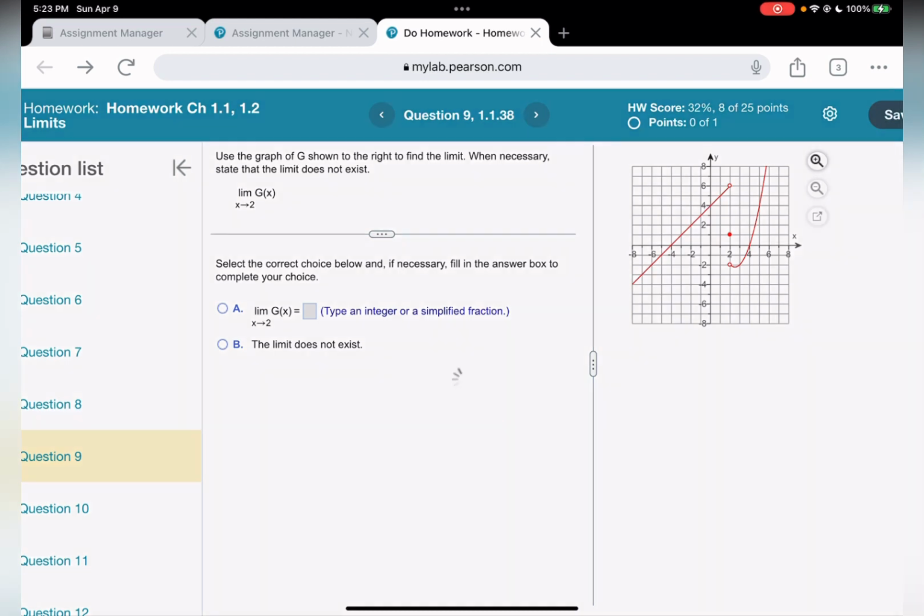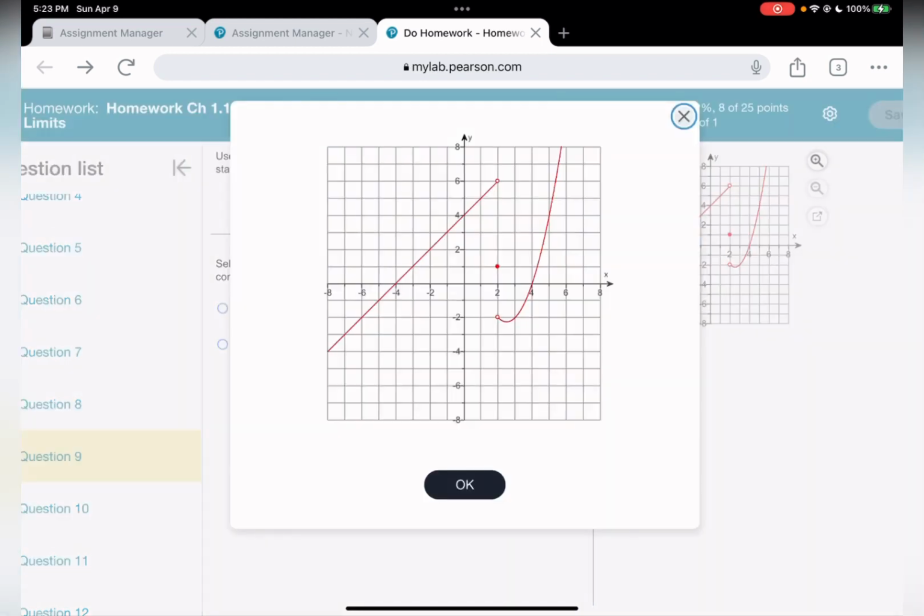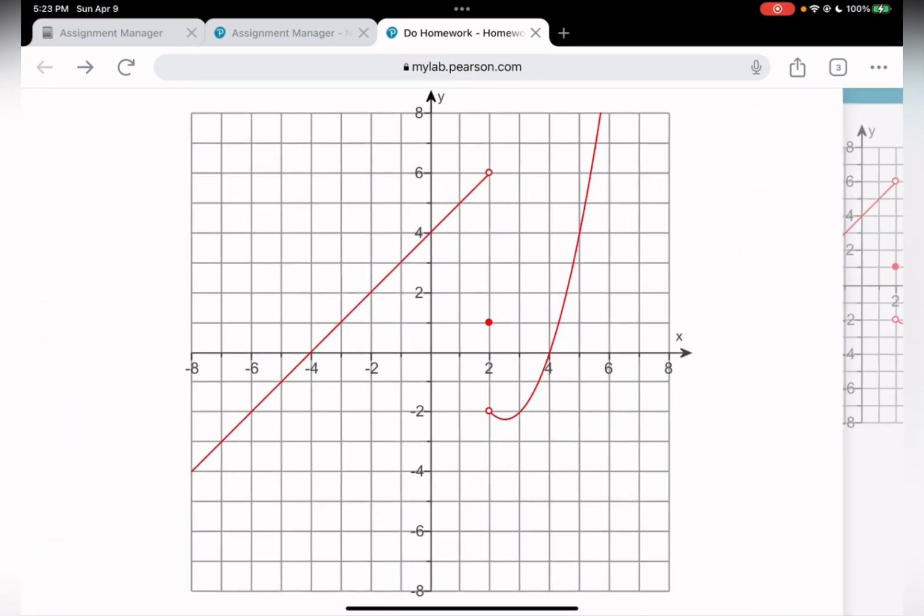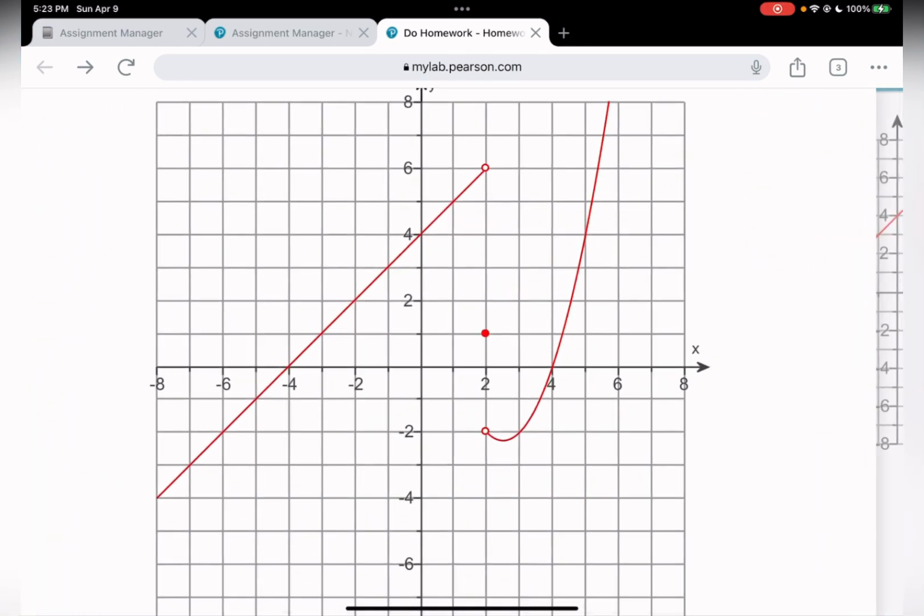Let's see. Positive 2. Where is my positive 2? Here it is, where the break is, right? If I approach from the negative side, it's going to be this open circle of the linear equation, and that open circle is going to be 6.